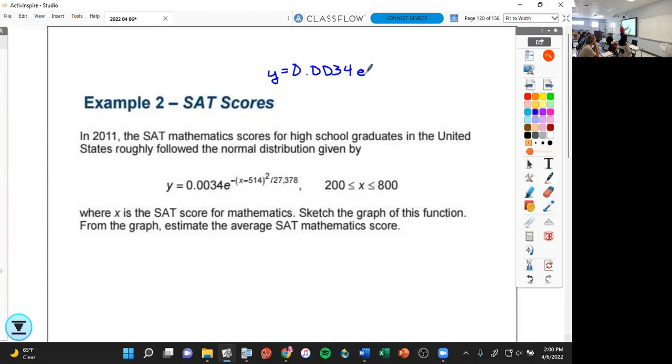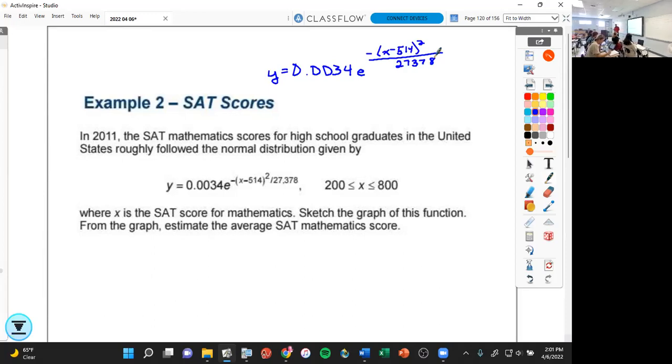E to the negative x minus 514 squared, and that is divided by 27,378. That's not a 2, that's an exponent.